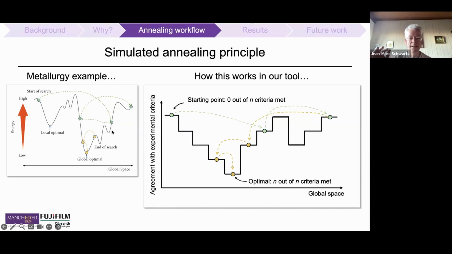And eventually we hope that we find the best solution. This algorithm was chosen because it's quite good at escaping local optima, so it's quite good where there are multiple optima and a quite complicated search space.